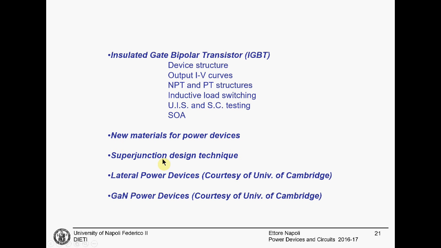We will discuss the superjunction design technique, that is an important design technique for power semiconductor devices. And if we have the possibility, we will have two lectures given by hosts from the University of Cambridge: one on lateral power devices, and the other one on gallium nitride power devices.